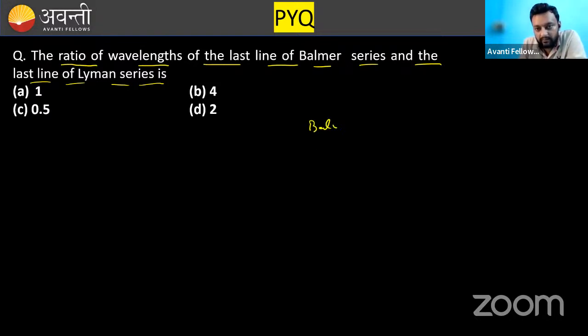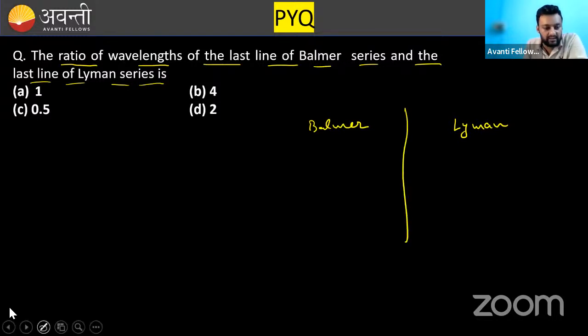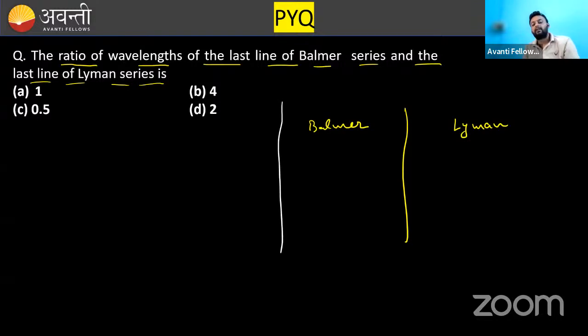One is Balmer and another is Lyman. That's what they are talking about. Remember one thing, in Balmer series electrons return to second orbit. Last line means from infinity to second.